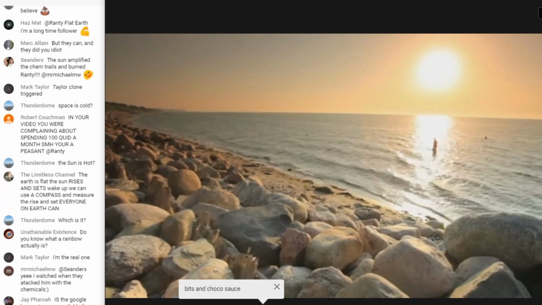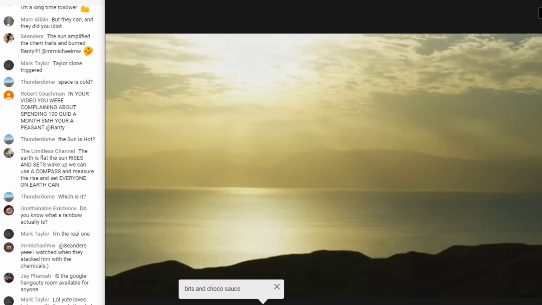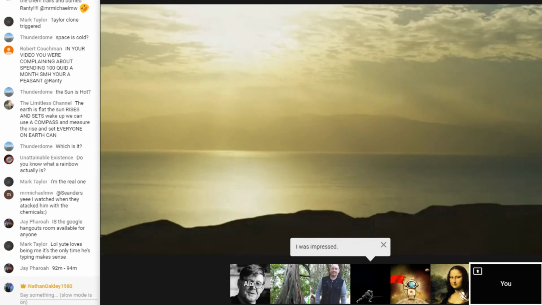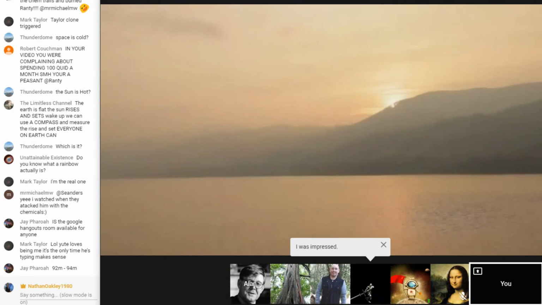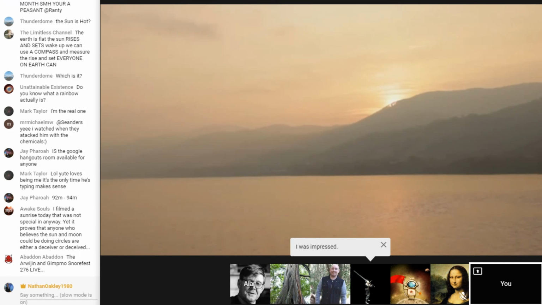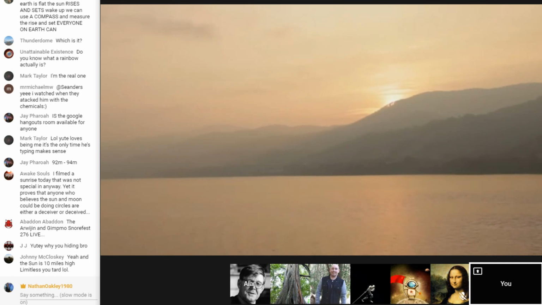And besides, another point, even according to the heliocentrists, the sun is not a consistent 93 million miles away, even by their own system, because the pattern of the circle of the Earth that is supposed to be going around the sun is not actually a circle.